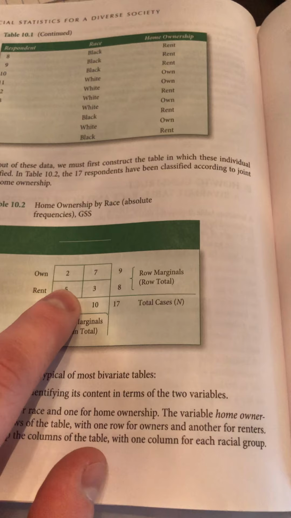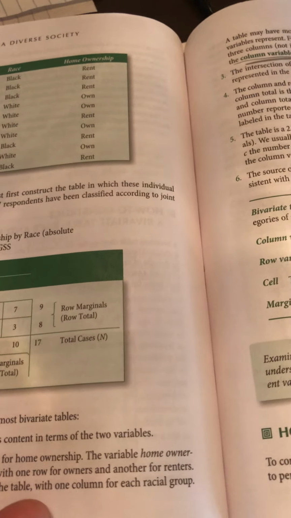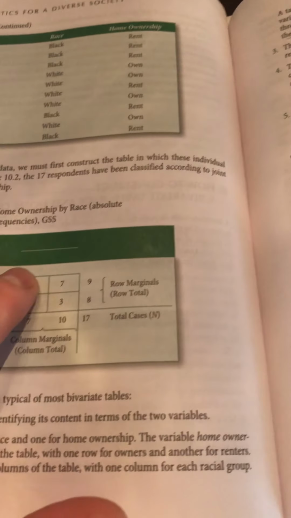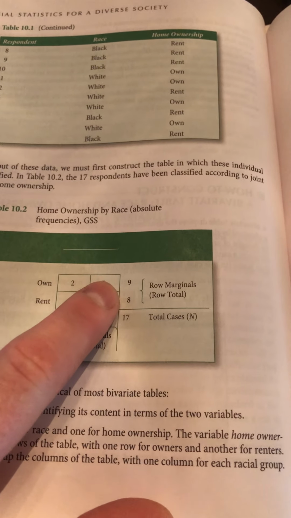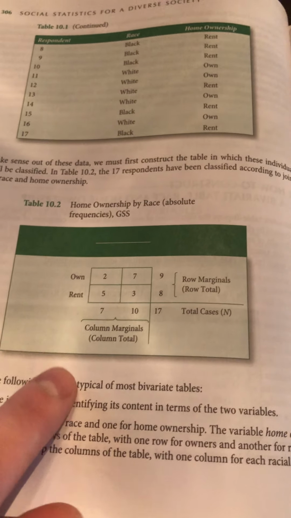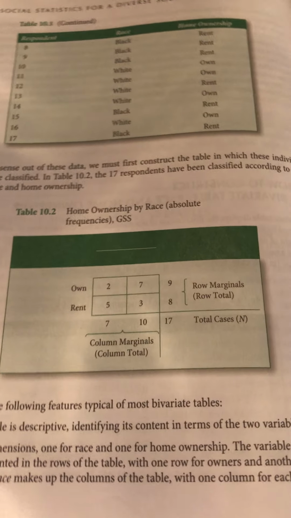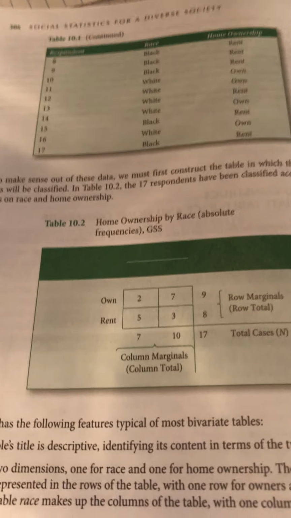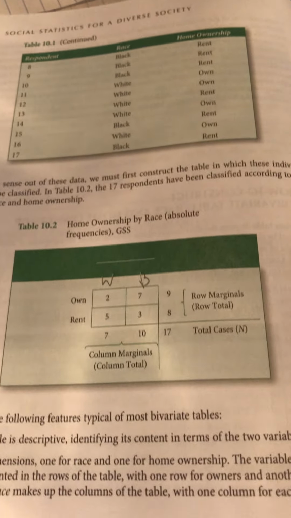And you can see the cells, which are the intersections. So I guess this would be white, own home, white, rent, black, own home, black, rent. I suppose they didn't mark which one is which, but either way, you could calculate this on your own, but just for the sake of it, let's just put white and black here, just like that, to help us out.